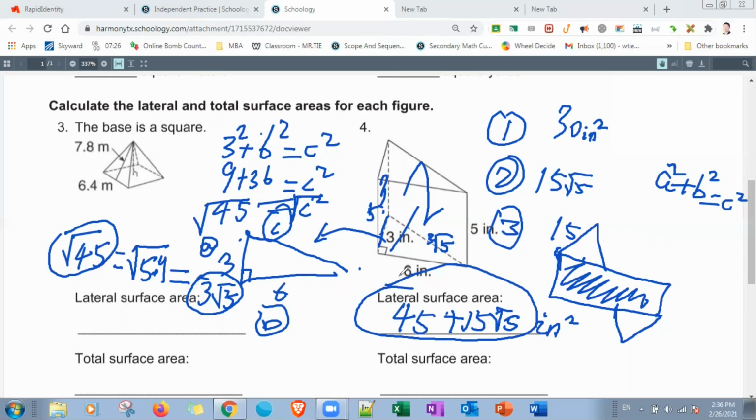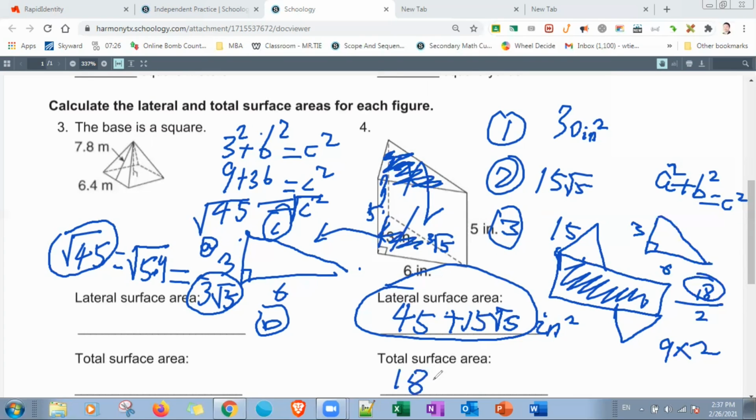3 times 6 is... triangle, right? Right triangle. For the area, what do you do? Base times height divided by 2, right? So 3 times 6 is 18, divided by 2, which is 9. However, you have to add the top one. Since they are the same, just multiply by 2. It should come back to 18.